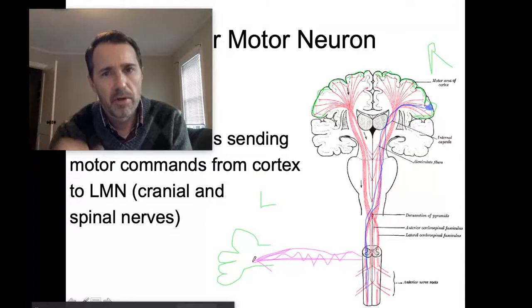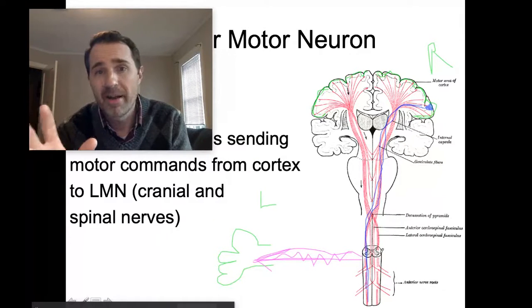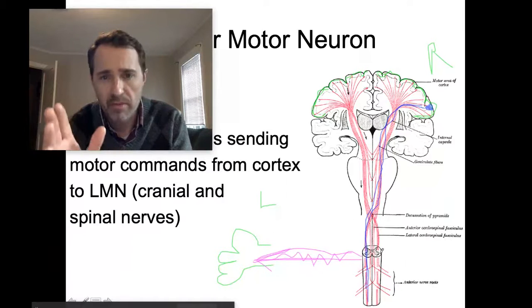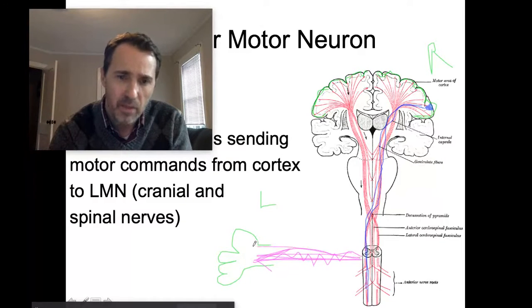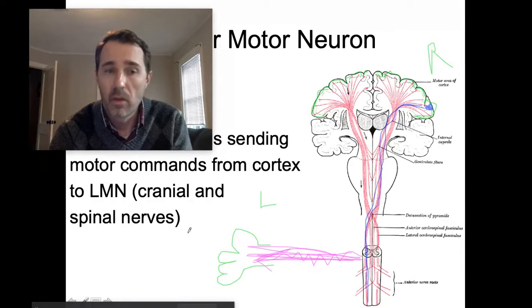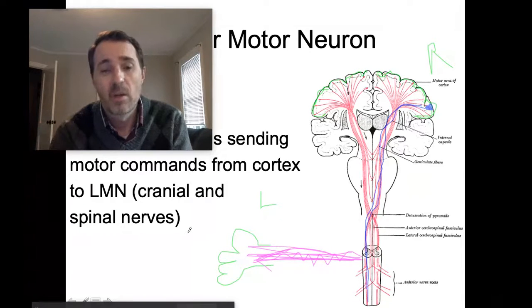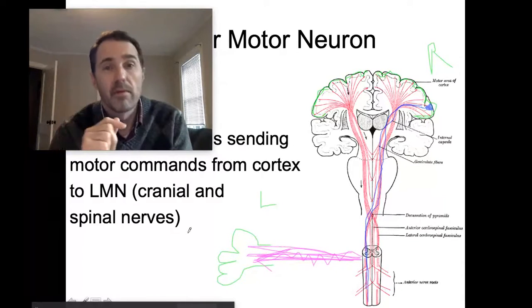So the upper motor neurons are descending motor pathways within the central nervous system. And your motor pathways within the peripheral nervous system are referred to as your lower motor neurons. The lower motor neurons exist within the cranial nerves and the spinal nerves of the peripheral nervous system.